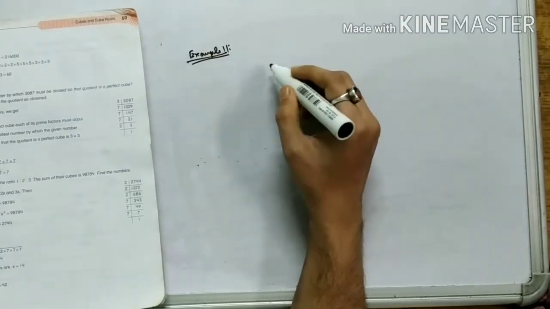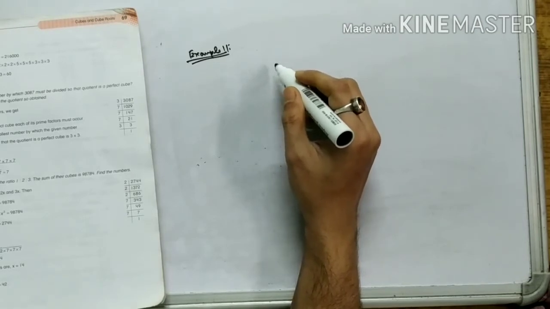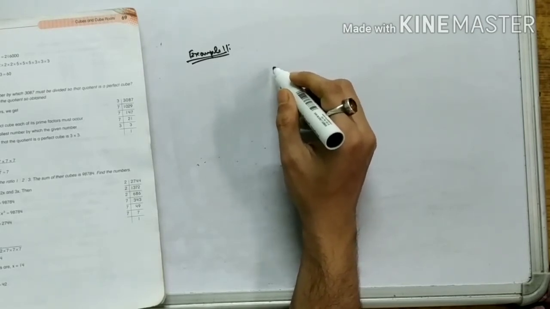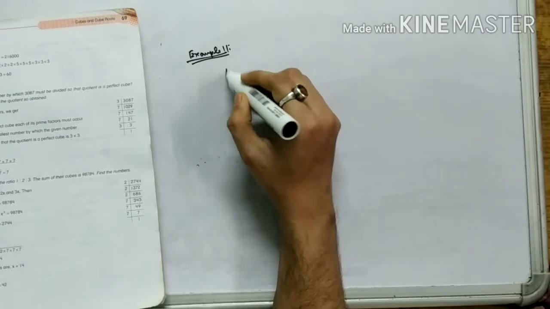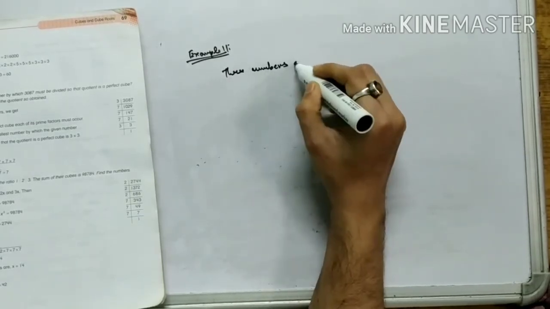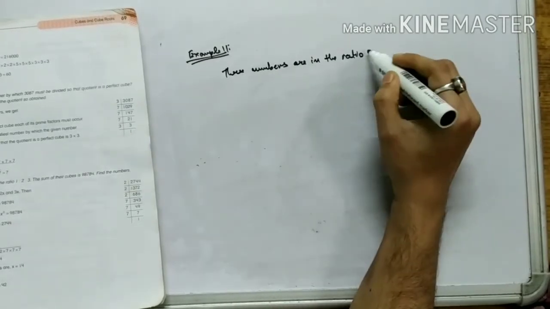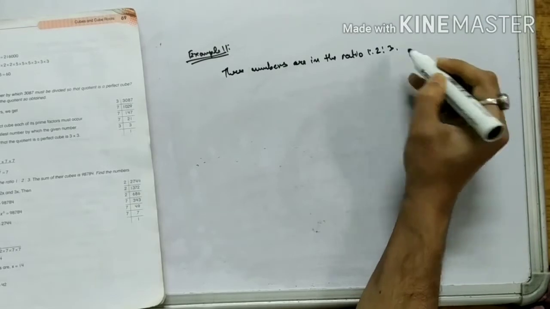Example 11: 3 numbers are in the ratio 1:2:3. The sum of their cubes is 98784. Find the numbers. Okay, 3 numbers are in the ratio 1:2:3.